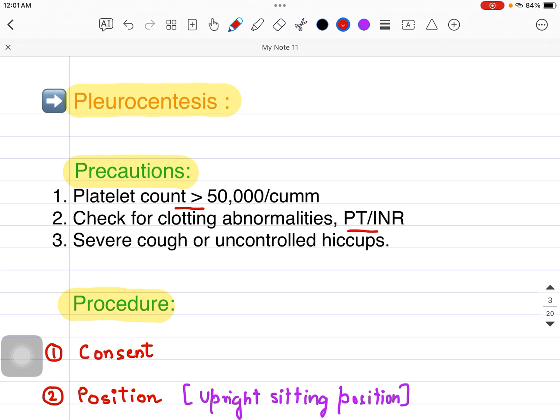That is very important because we are pricking the patient, so it gives us an idea of how much time the patient might take to stop bleeding. Whenever the patient is having severe coughing or hiccups, we should avoid the procedure at that point of time and wait for the patient to become stable.